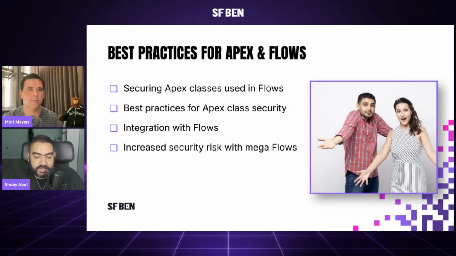No, absolutely. And I think that's where some of it is, people say, well, I'm not using without sharing in my Apex class, I'm just using with sharing. That should be secure, right? I think I'm set, right? Not necessarily. It really depends on how that Apex method, that Apex class, is functioning in the context of that flow.